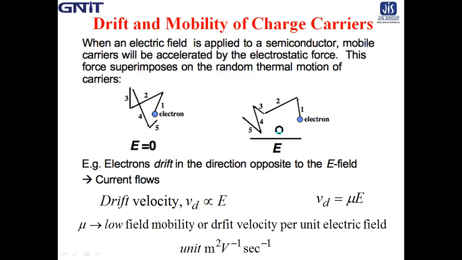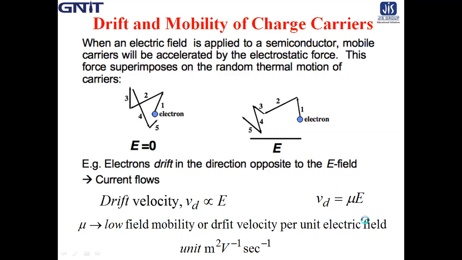The drift velocity of charge carriers in a semiconductor is proportional to the applied electric field for low values of field. Therefore, drift velocity is denoted as Vd, which is proportional to the applied electric field. Therefore, Vd is equal to mu into E.